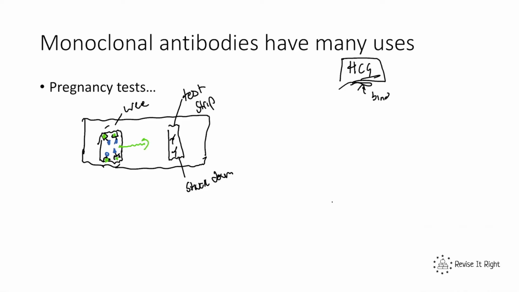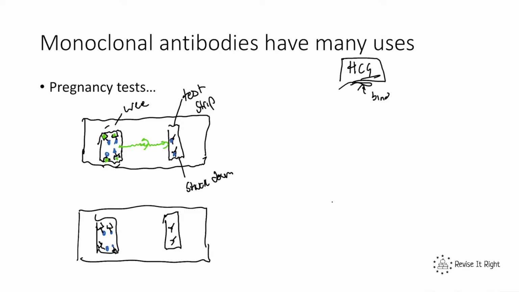Now what will happen is the beads will now bind to these monoclonal antibodies that are on the test strip. So the blue beads will get stuck on the strip, and it will turn it blue. And that's where you'll see that blue line to say that they are pregnant. Okay, so the beads carried from here will stick to the antibodies that have been stuck down on the test strip and turn that strip blue.